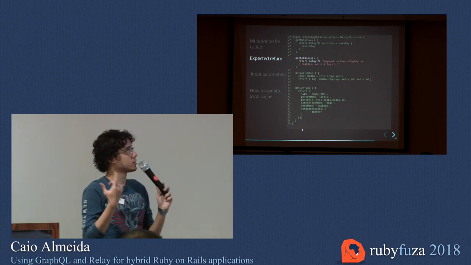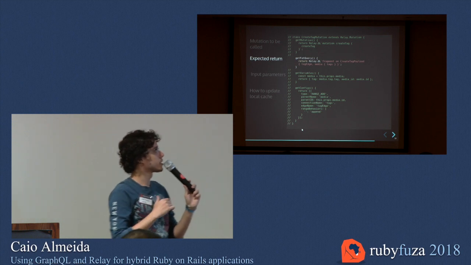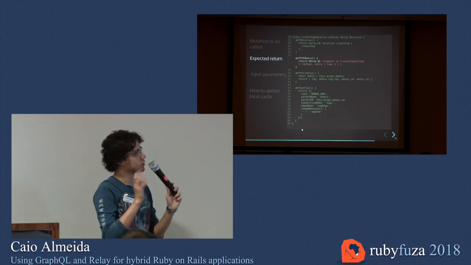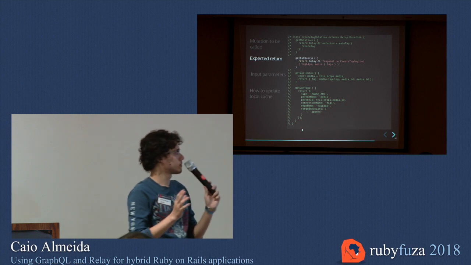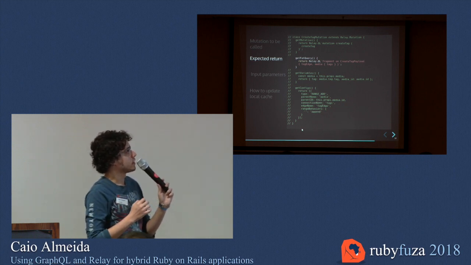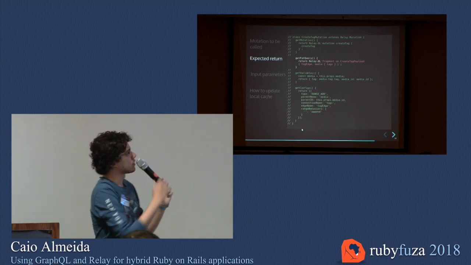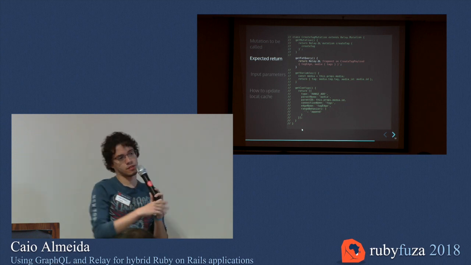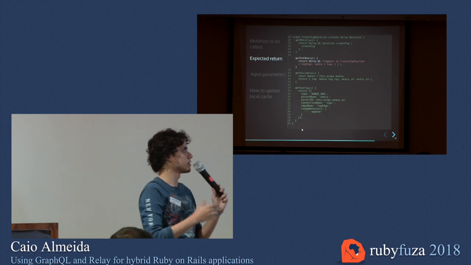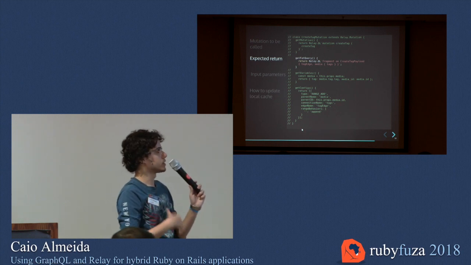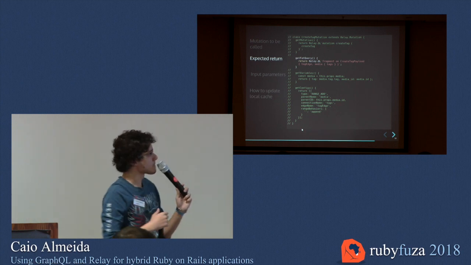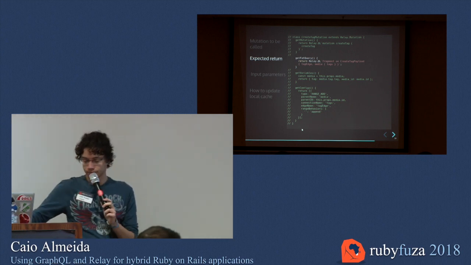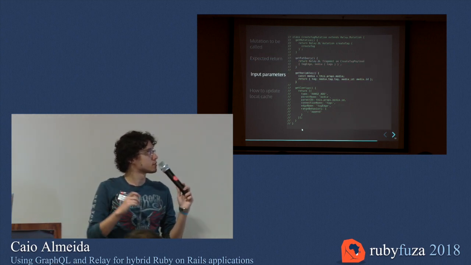So after I call this createTag mutation, I expect the backend to return for me the new tag that was created, and that's called the tag edge. I'm also calling the updated list of tags under that media, but in that case that wouldn't be necessary. That's just to illustrate how you can ask for more data. And the input parameters that are going to be sent to the backend.